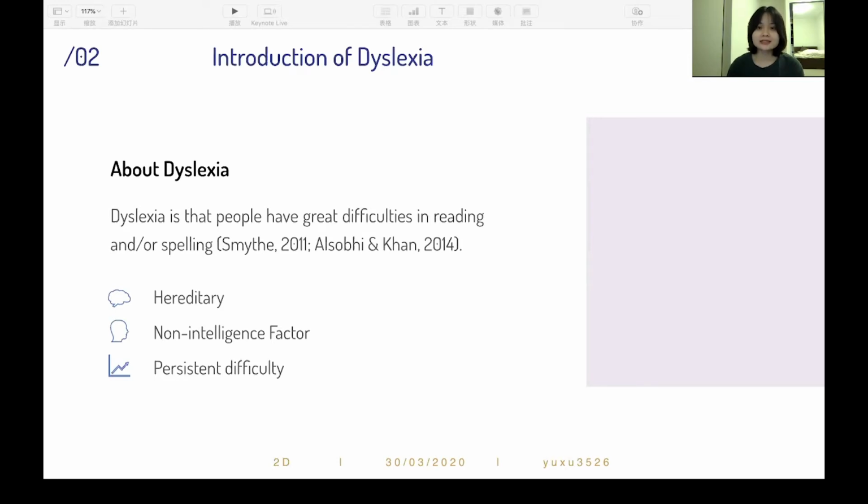Moreover, dyslexia doesn't relate to intelligence. People who have a reading disorder don't have intelligence problems. The last one is persistent difficulty. Dyslexia is best understood as a persistent difficulty with reading and spelling.